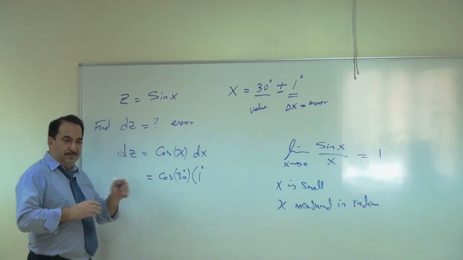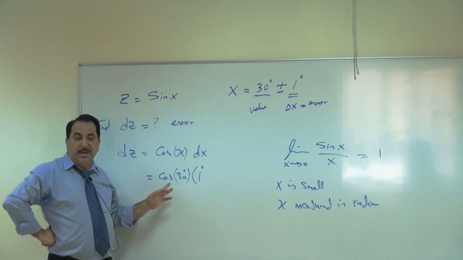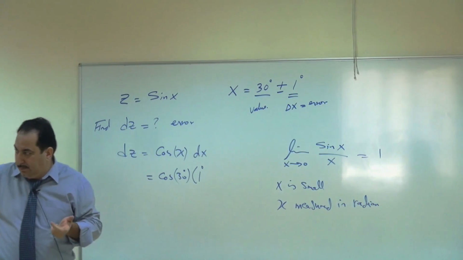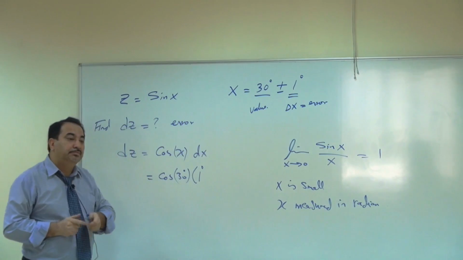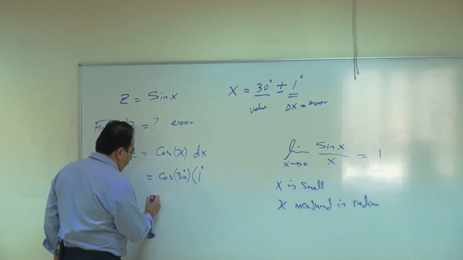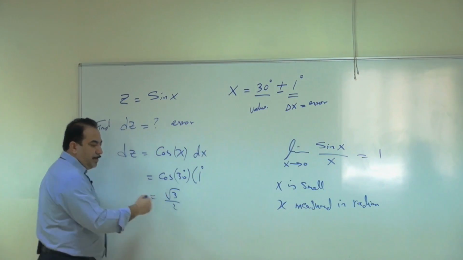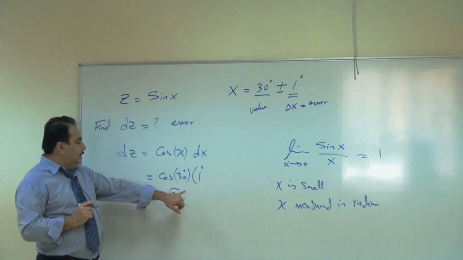So when you do derivatives here, of course, if you say sine 30 in degree, or you say sine 30 in radian, the answer is the same. Like if you use the calculator, what is sine 30? It's 0.5, or root of 3 over 2 for cosine, or you can write it as a decimal. Okay, now this is if you use degree.